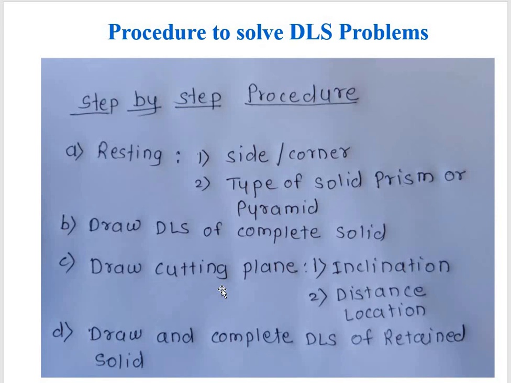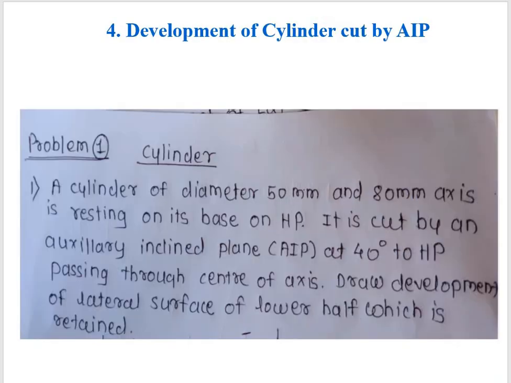Here you are given the inclination of a particular plane and the distance or location of a point. And in the fourth step, draw the complete DLS and the retained solid. That means you have to draw the DLS of the cut portion, and for the remaining retained portion of that solid, you have to draw the DLS again.